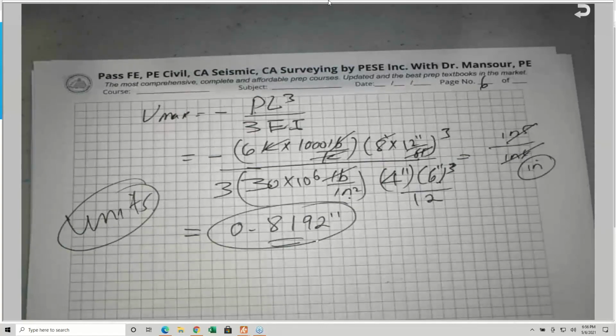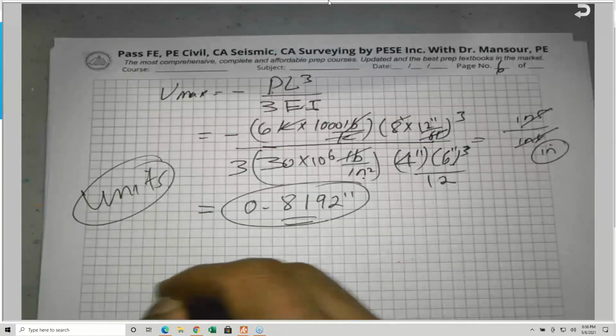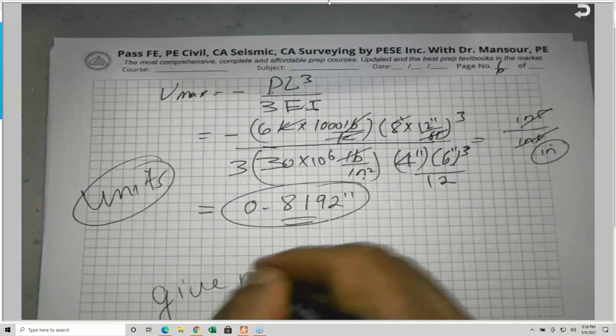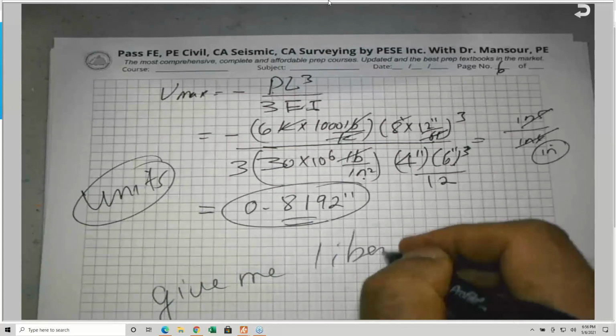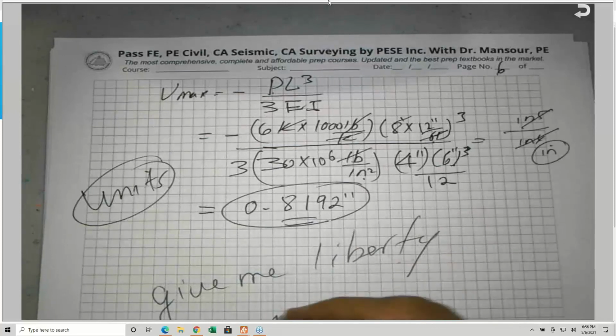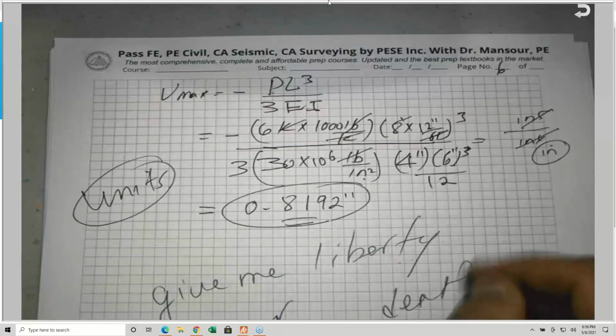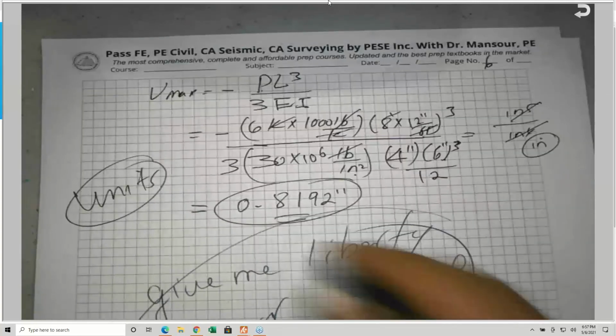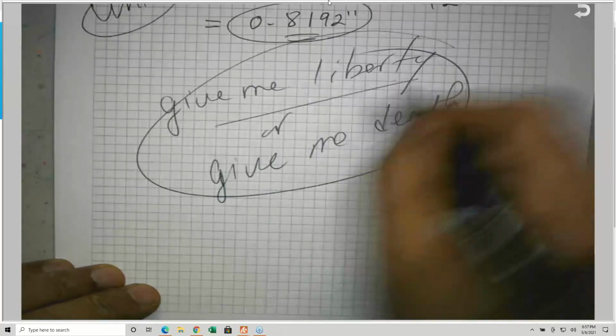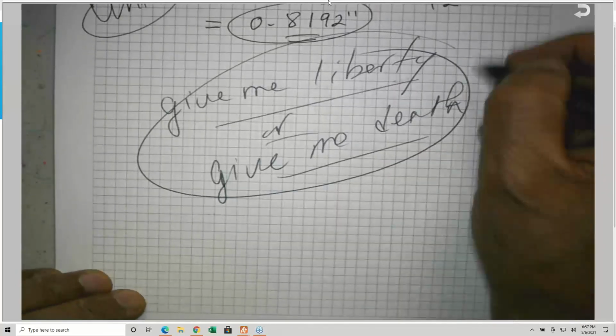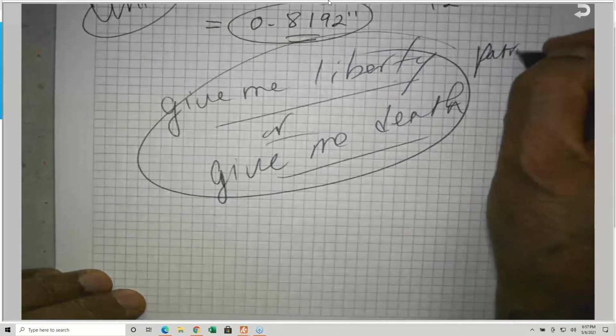Patrick Henry said, give me liberty or give me death. Do you remember this statement? Search it tonight. I know Google nowadays, Dr. Google is available for you guys. Not in our days. So give me liberty or give me death. This is Patrick Henry, to the best of my knowledge. Correct me if I'm wrong.